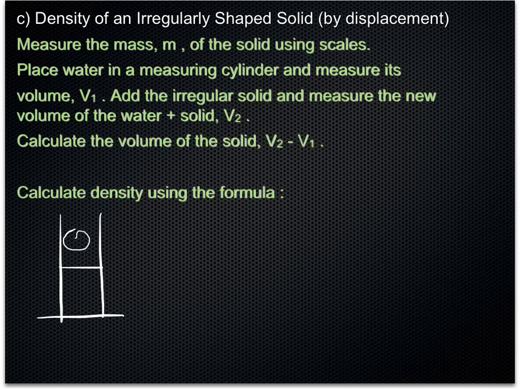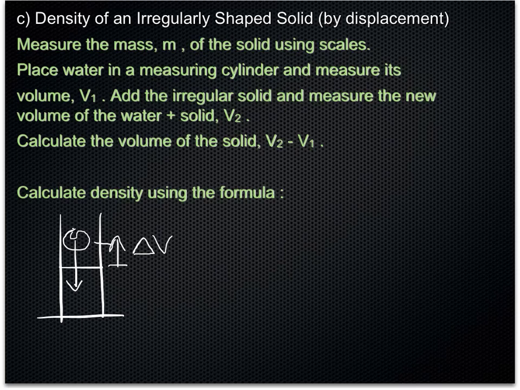So placing the object inside there, pop it in, of course the water level will rise a certain amount. That change of volume must be equal to the volume of the irregularly shaped solid.